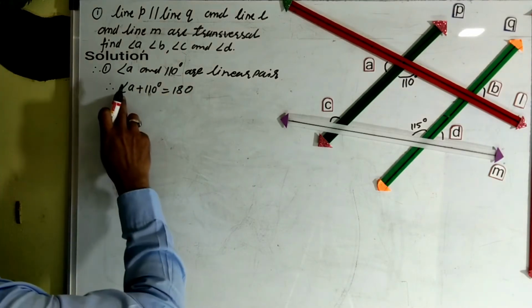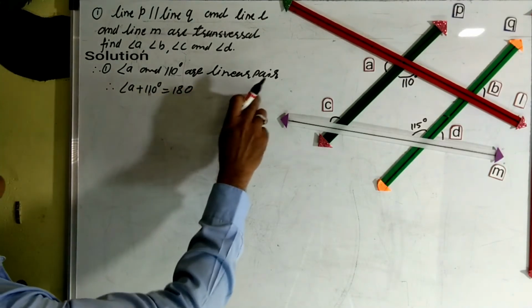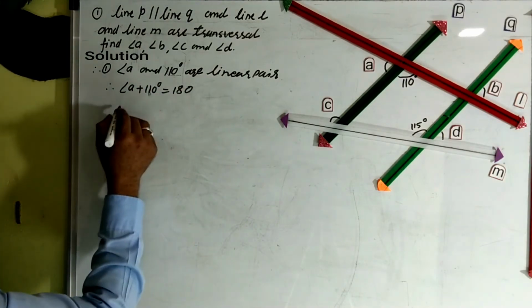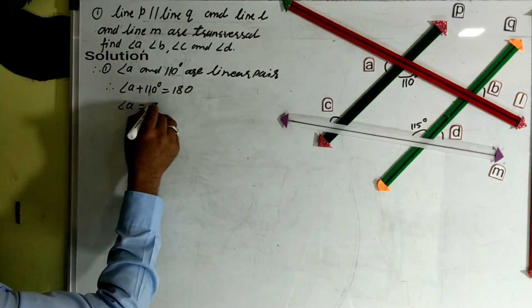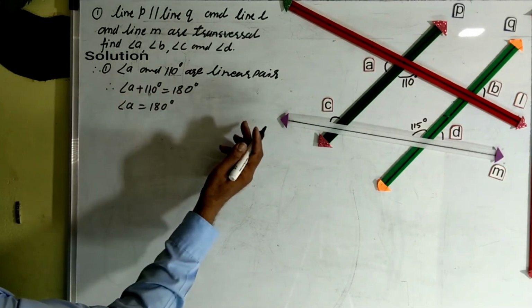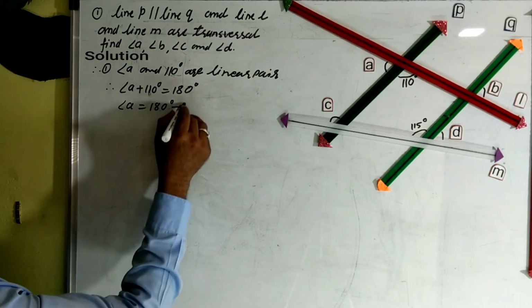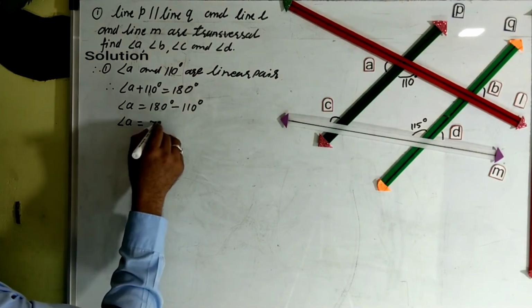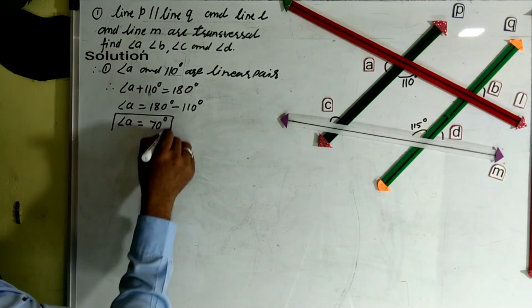Well students, after writing the equation you can write the reason also, that's a linear pair. Therefore you have to find the angle A. Angle A is equal to 180 degree, and you have to transfer this number to the right hand side, and it will be negative 110 degree, and therefore angle A is equal to 70 degree. That means we got this first angle.